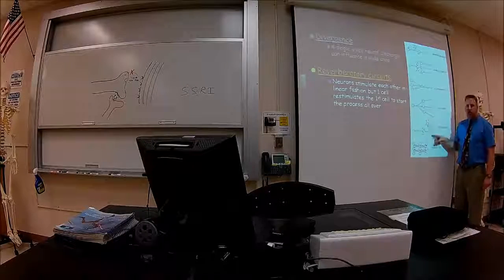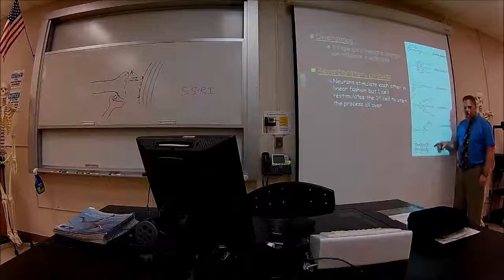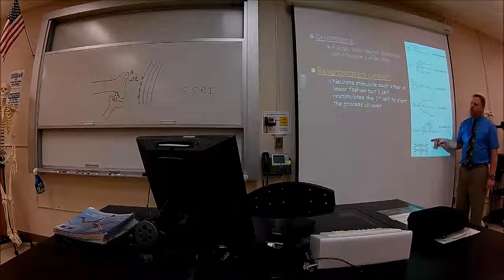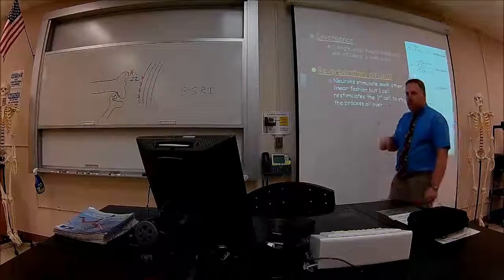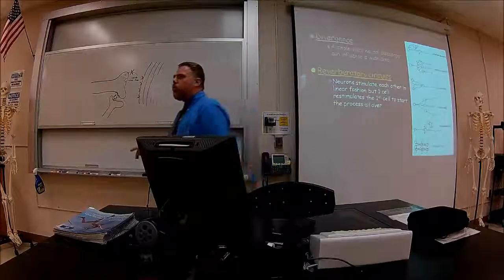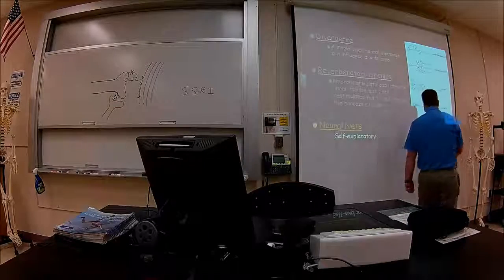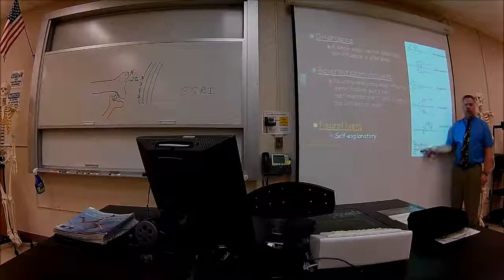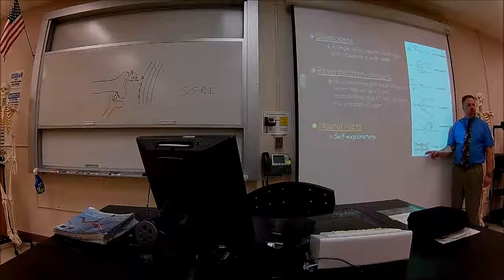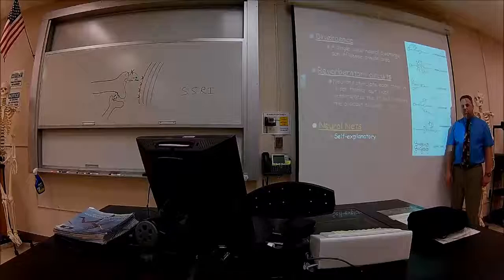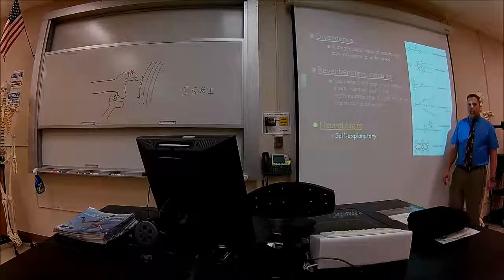It's a cycle that repeats and repeats and just says, keep on putting more action potentials down here. All right? This is reverberatory circuits. They continue and continue and continue. Or we could just have neural nets, which really is self-explanatory. They're all over the place. Okay? What questions do you have?